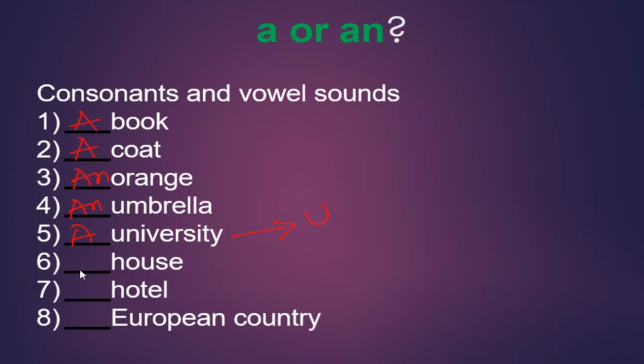And house, a house. If the sound is a consonant, it will be a, but sometimes h remains silent, like an hour. Like a hotel but an hour. European, the same rule, an European is incorrect, it should be a European country. I think it is clear to you.